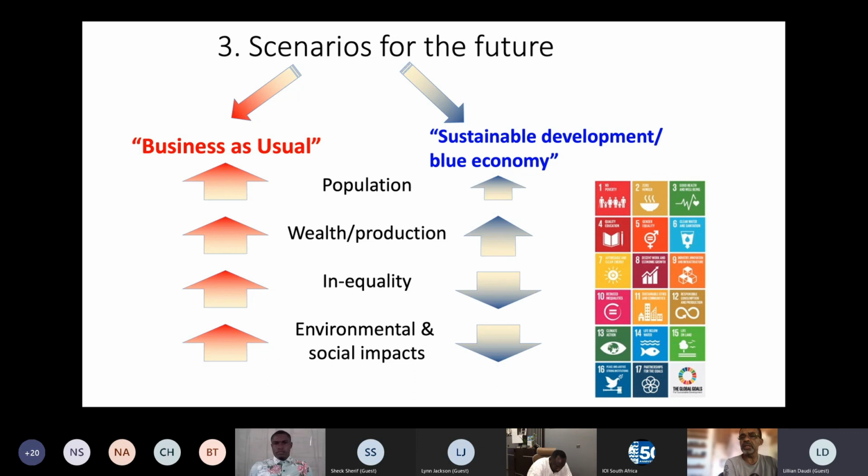But we need to do that increase in wealth and production in the right ways. We can't just continue doing some of the damaging practices that have gotten us to this place. We need to transform, as much as the developed countries do, in Africa we need to transform how we do development and income growth in order to not deplete the environment.